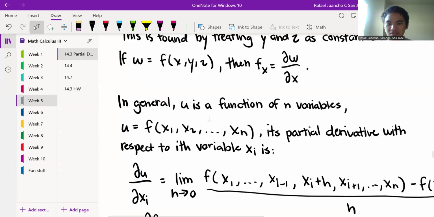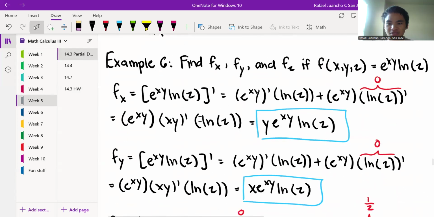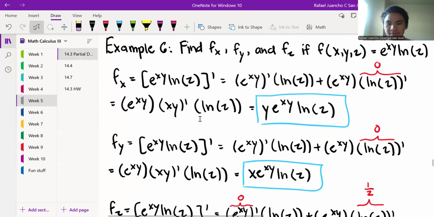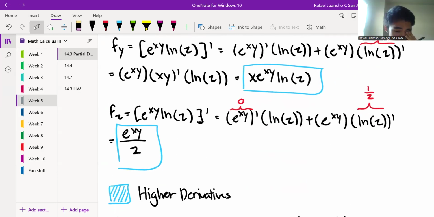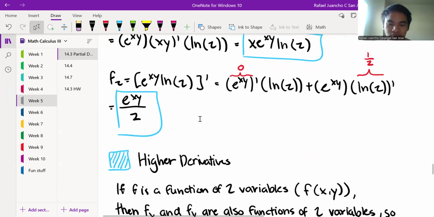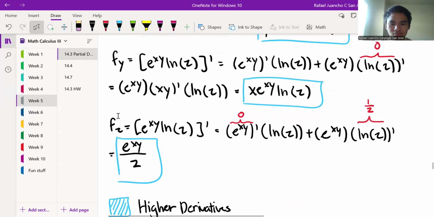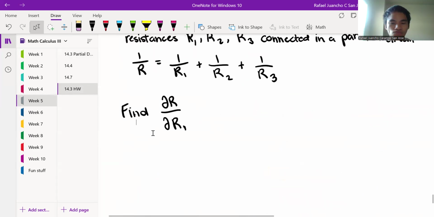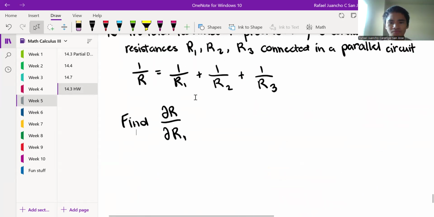Oh, we basically treat them as constants. Oh, that's it. Okay, let's say we do that. So we do it with respect to R1.